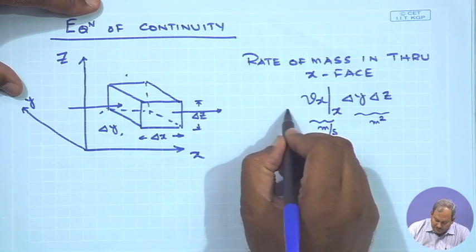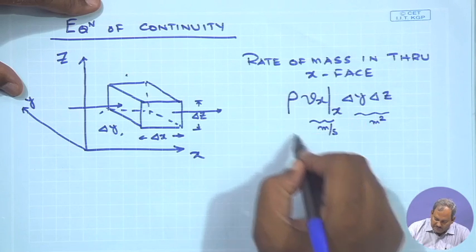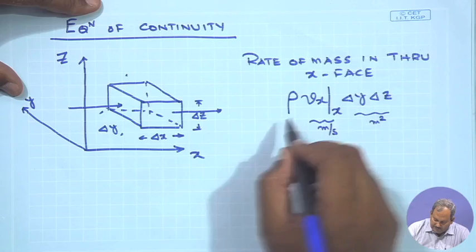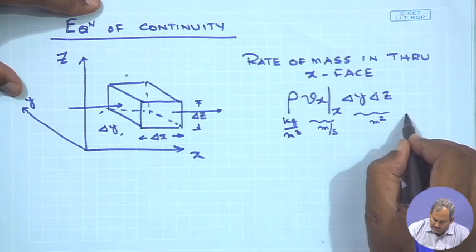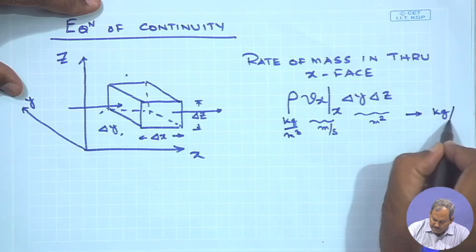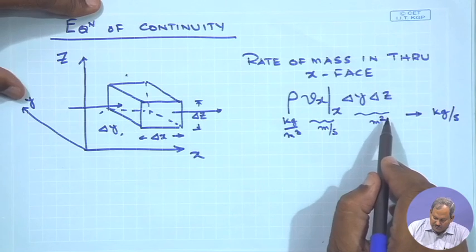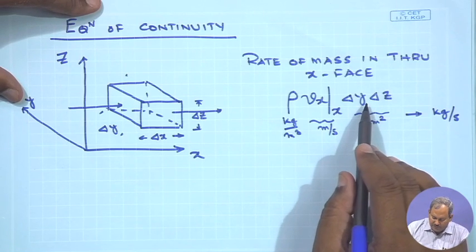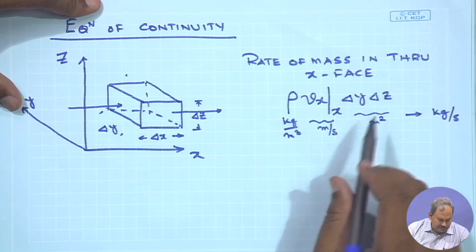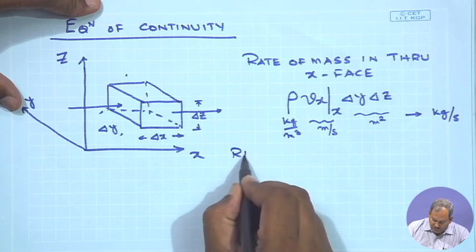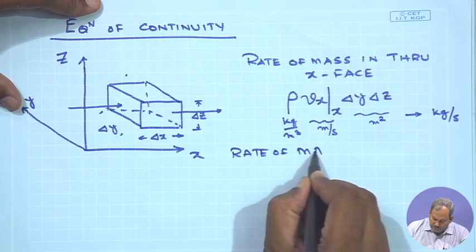Meter cube per second when multiplied by rho, which is in kg per meter cube, makes it kg per second. Therefore, this quantity gives you the time rate of mass in through the x phase, and then the rate of mass out through the other phase.